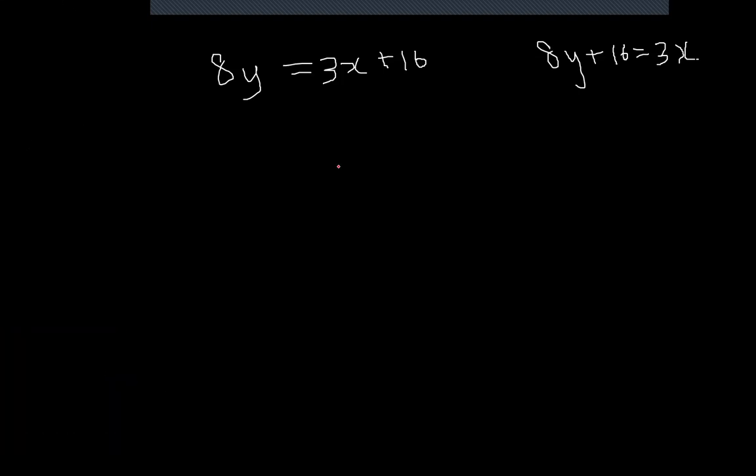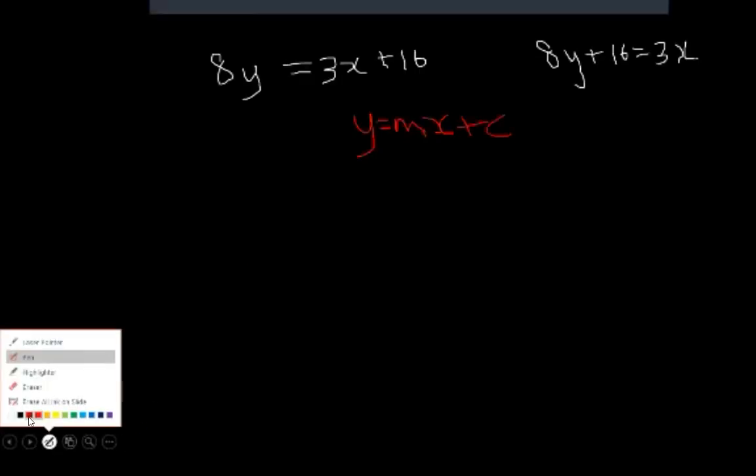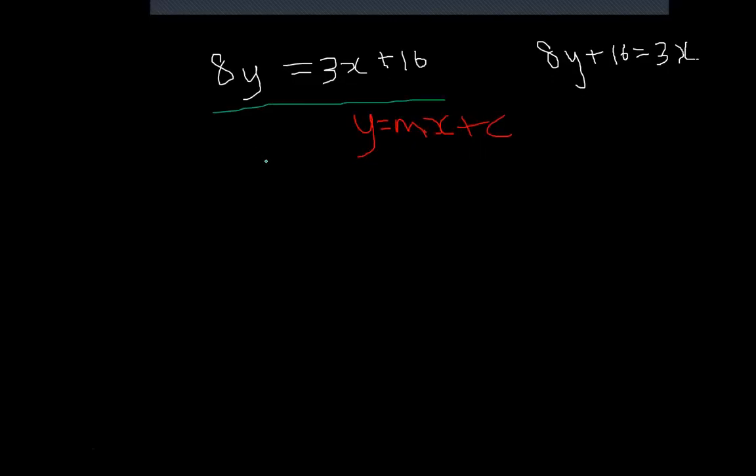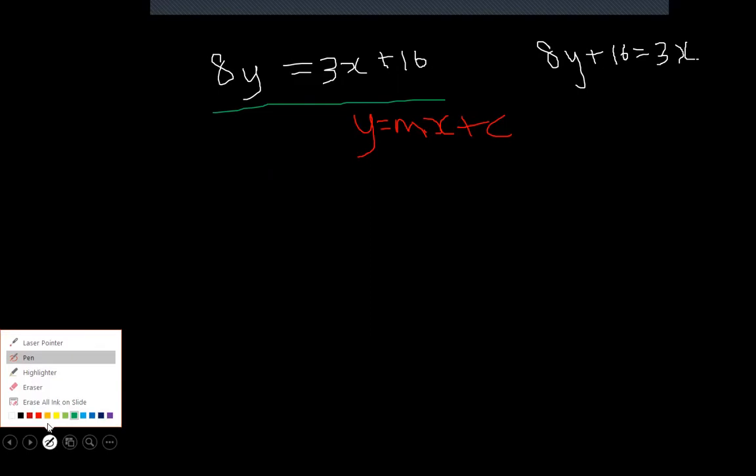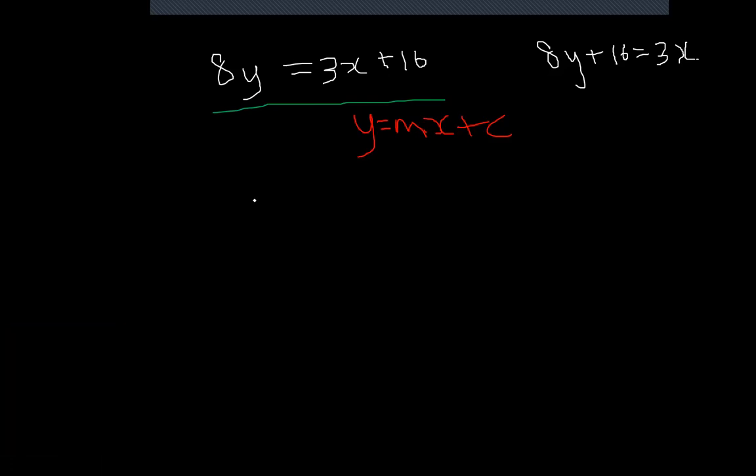So I'm going to just go through it now. Y is equal to mx plus c. First, we want to write them in this form. So looking at this first one right here, what would I write? Y is equal to what? 3/8x plus 16/8.